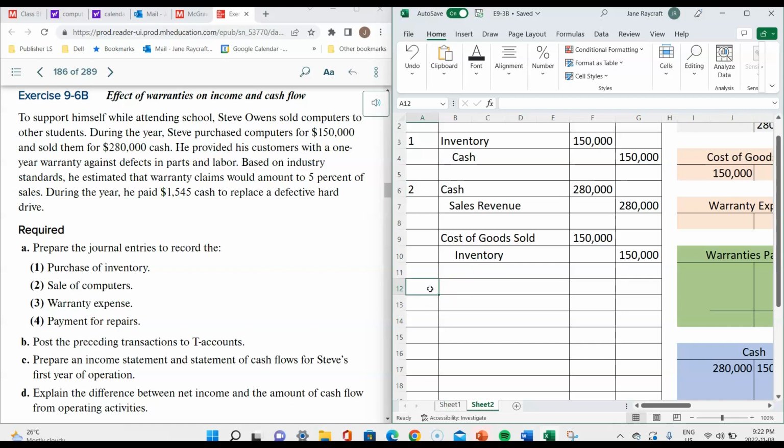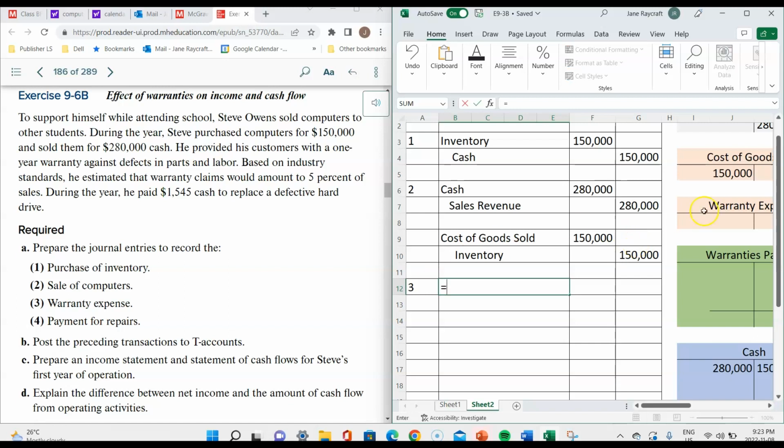Now, we know that part of making that sale is providing warranties. So all those sales, he has to provide warranties on them, but that's going to be in the future, and we don't know exactly how much that warranty is going to be, so we're going to guess.